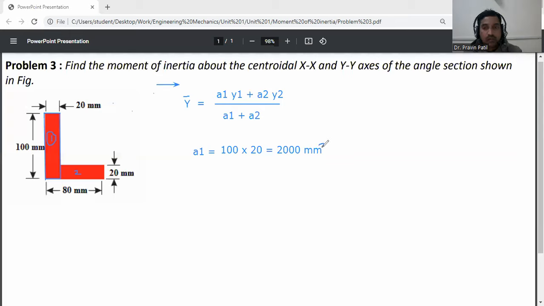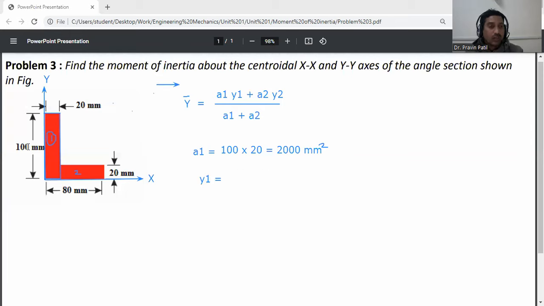Okay, so now calculate y1. First of all, draw the x-axis and y-axis. This is the y-axis, and then the x-axis.